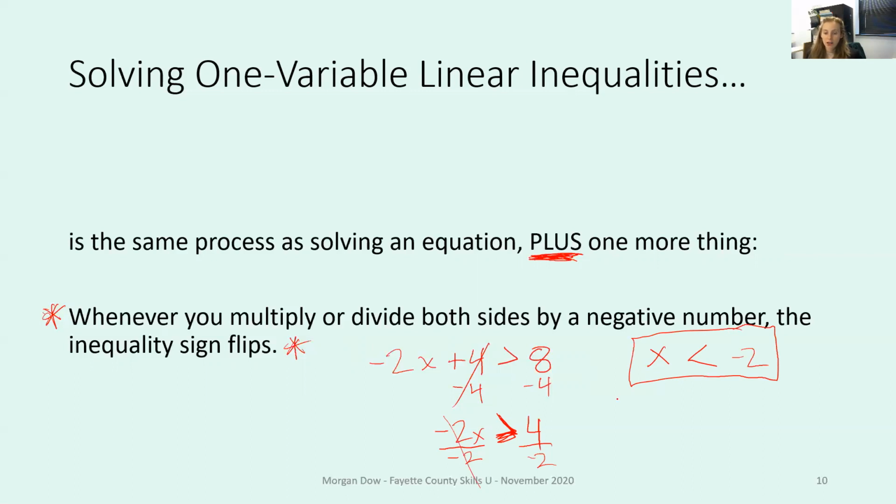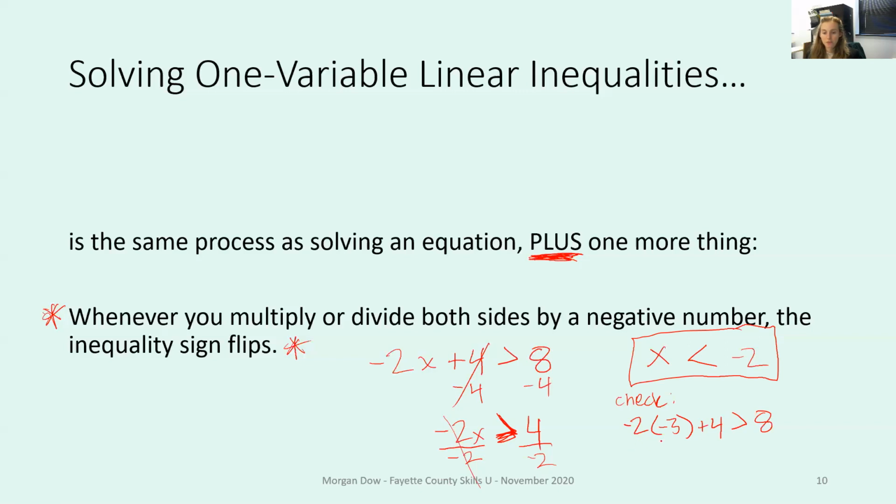And we could double check that that makes sense. So let's pick a number less than negative 2. So let's just do the next one. Let's do negative 3. That's less than negative 2. So negative 2 times negative 3 plus 4, that should be greater than 8.